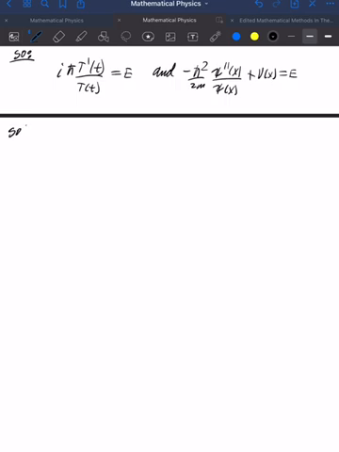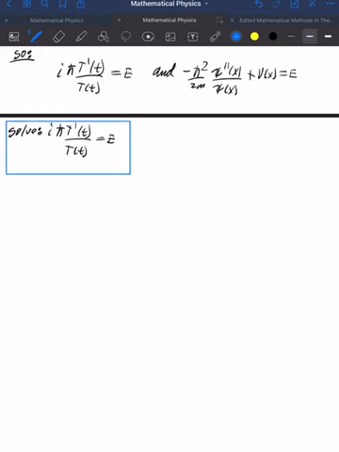So solve i h bar T prime of t over T of t is equal to the total energy E. We're going to start with the left-hand side here. We're going to solve this differential equation.